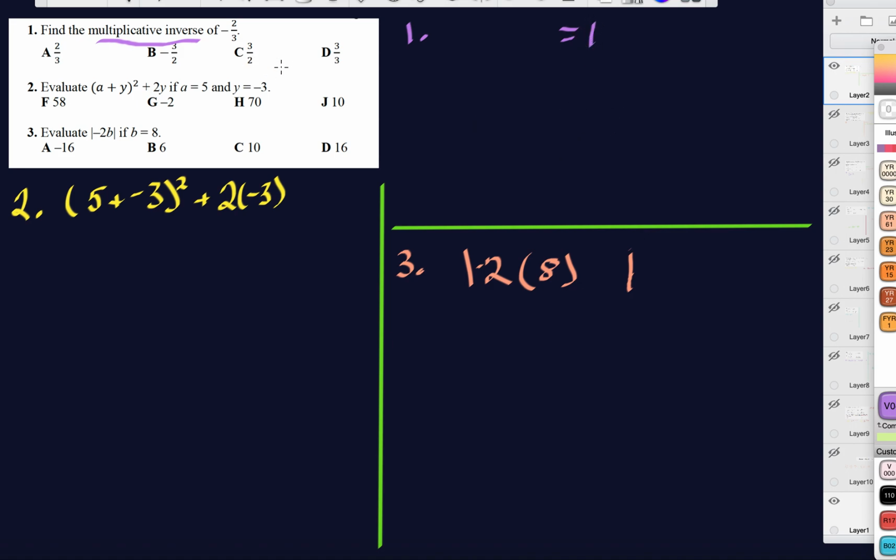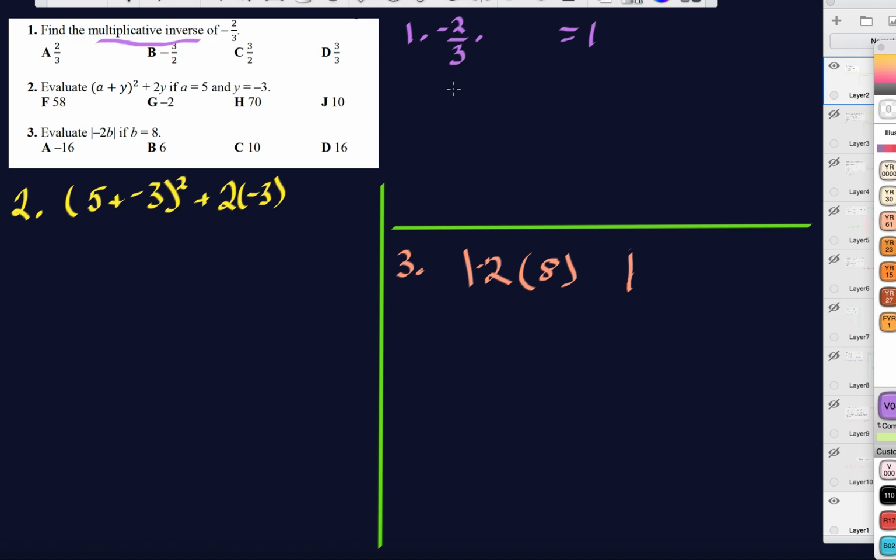The additive inverse, we try to get to 0, right? We just try and show the opposite. This multiplicative inverse wants to get us to positive 1. So what fraction can I multiply negative 2/3 by to get to positive 1?